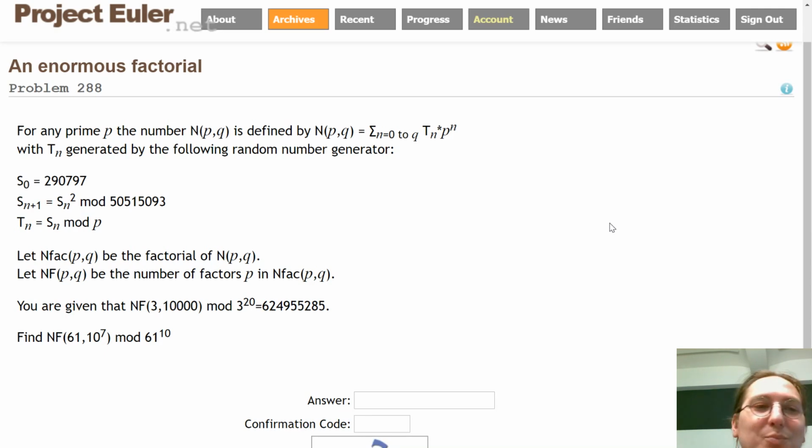Yeah, that's better. Okay. For any prime p, the number of npq is defined by the sum of n equals 0 to q, of t_n, where t_n is generated by the following random number generator, times p to the power of n.